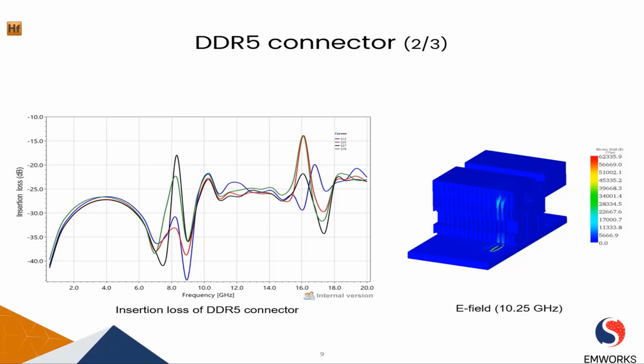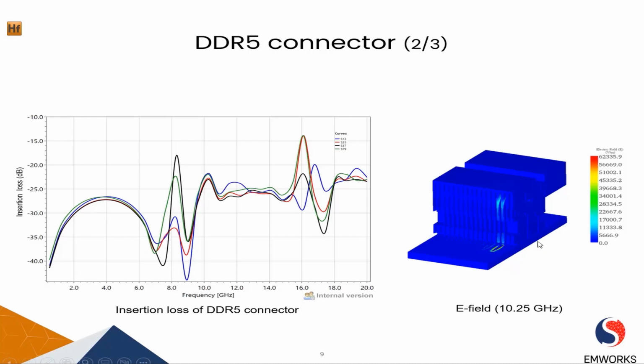Looking at the insertion loss on the left, we can see that from frequency 0.5 up to 15 gigahertz, there is good isolation between the traces of the connectors. In this frequency range, the insertion loss is less than minus 20 dB, and this means that there is good isolation between the traces.